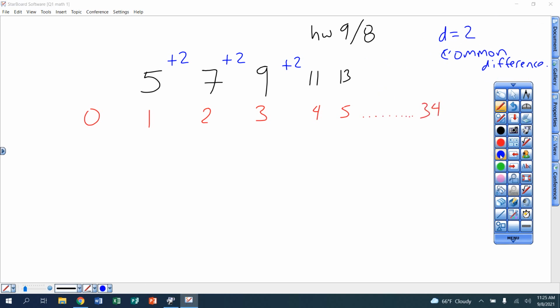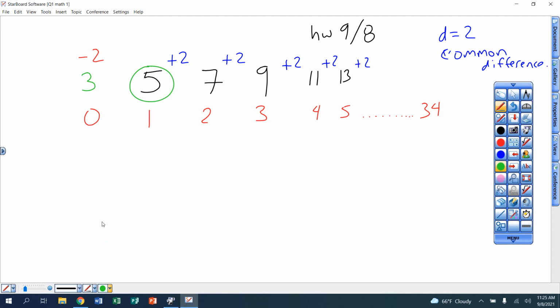That would take way too long using the recursive pattern to get all the way to the 34th term. You could use that number to go backwards. Take that 5 right here, subtract 2, gives me the y-intercept or the 0 term.